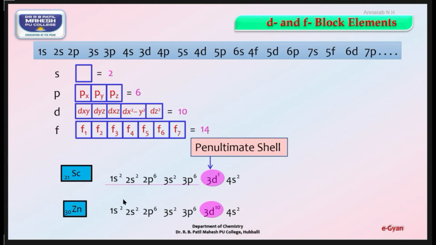So the previous electronic configuration 1s2, 2s2, 2p6, 3s2, 3p6, we can consider that for argon. So argon has electronic configuration of 1s2, 2s2, 2p6, 10 electrons, 3s2, 3p6, 8 electrons. So total 18 electrons are gone. So like that we are going to write the electronic configuration.